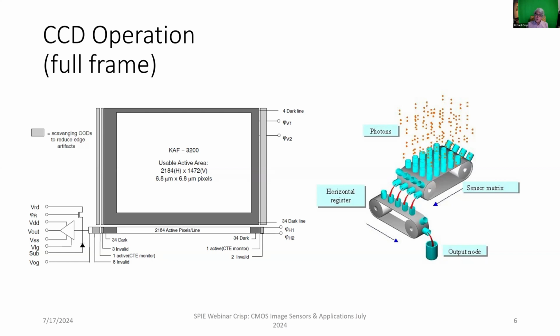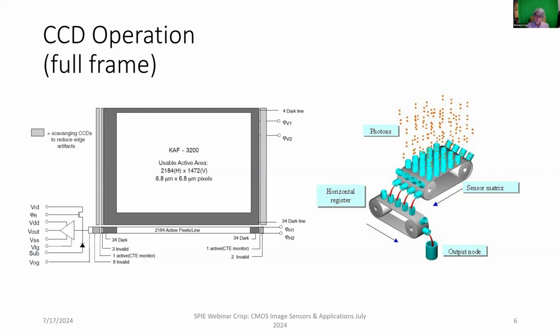So essentially what we do is we click down the big conveyor belt on the top that captures the raindrops one index point, then we dump out each one of those buckets on the horizontal register, and we measure as we do that one at a time, and that's how we get the entire image out of the image sensor.